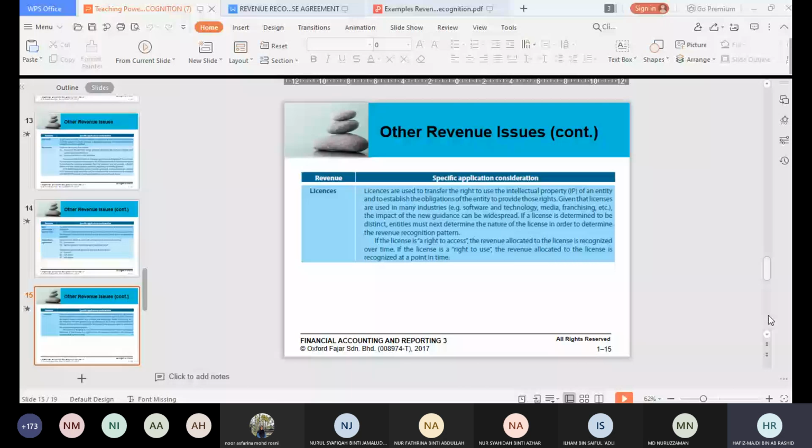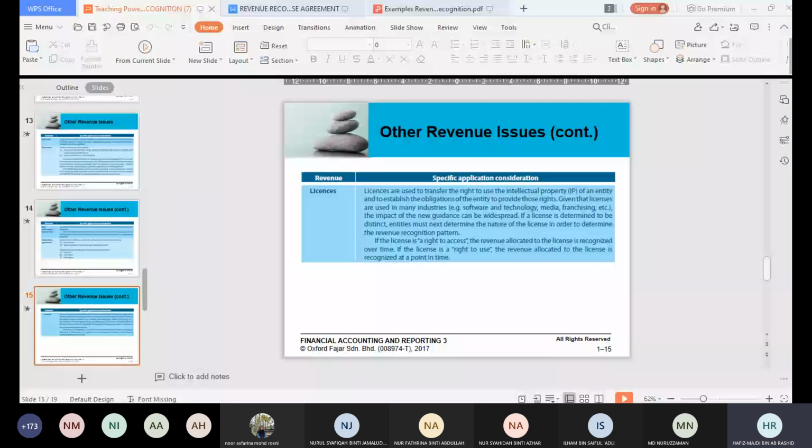The purchaser can immediately use it without much problem, and there is no further obligation of the seller toward the software.